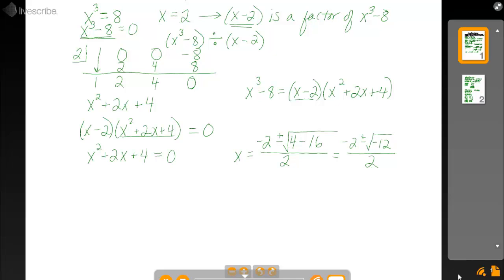Notice we have a square root of a negative here. That means that this must be a non-real solution. So let's simplify that. Negative 2 plus or minus, let's see, root 12 is 2 root 3. And then since it was root negative 12, that's going to be 2i root 3 all over 2. And then I can divide each term in the numerator by 2.